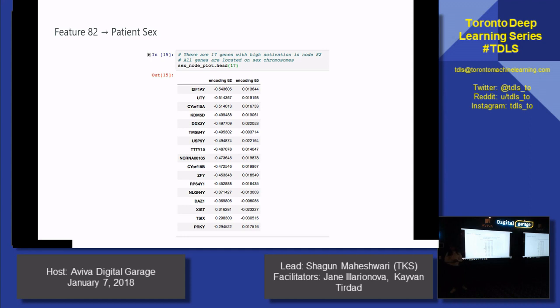But for example, if you have a bunch of different genes that result in the 82nd feature to be prominent, isn't that sort of clustering?